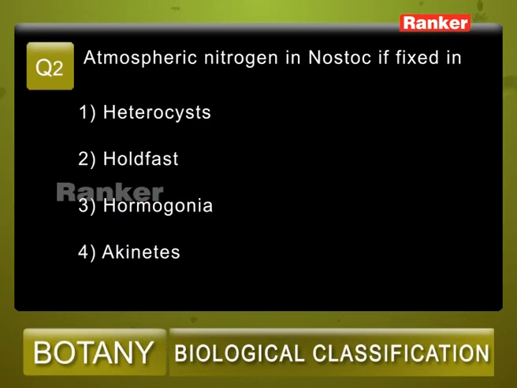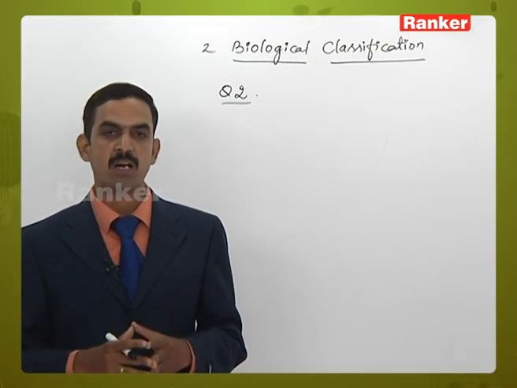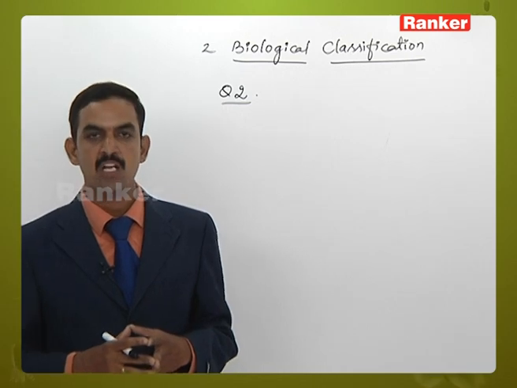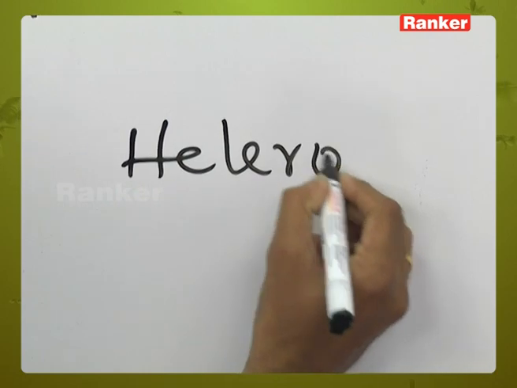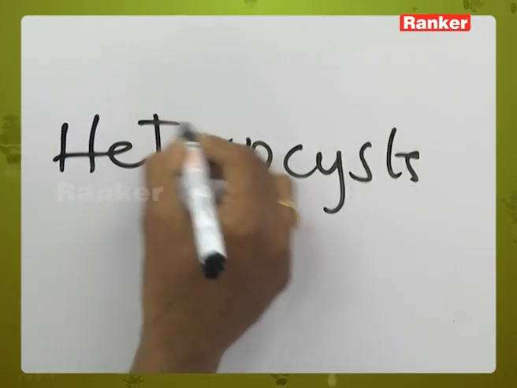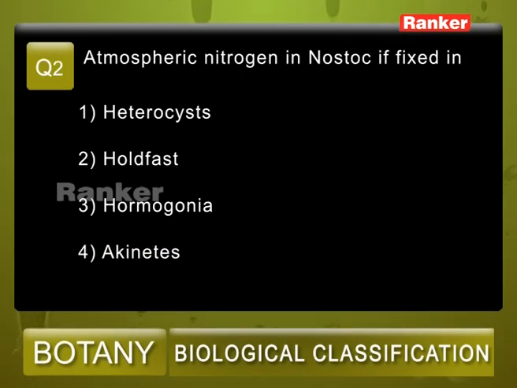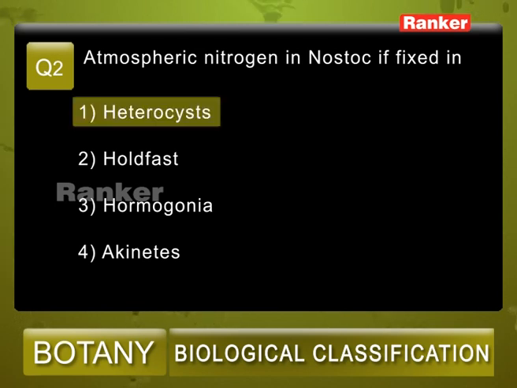So out of the 4 given options, nostoc is a cyanobacterium which has the ability of nitrogen fixation due to presence of a specialized cell called heterocyst. So the correct answer for question number 2 is option 1.